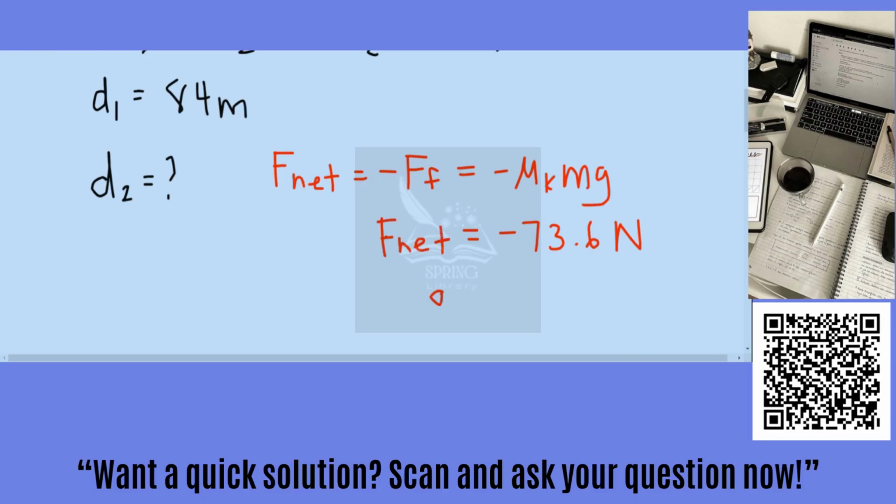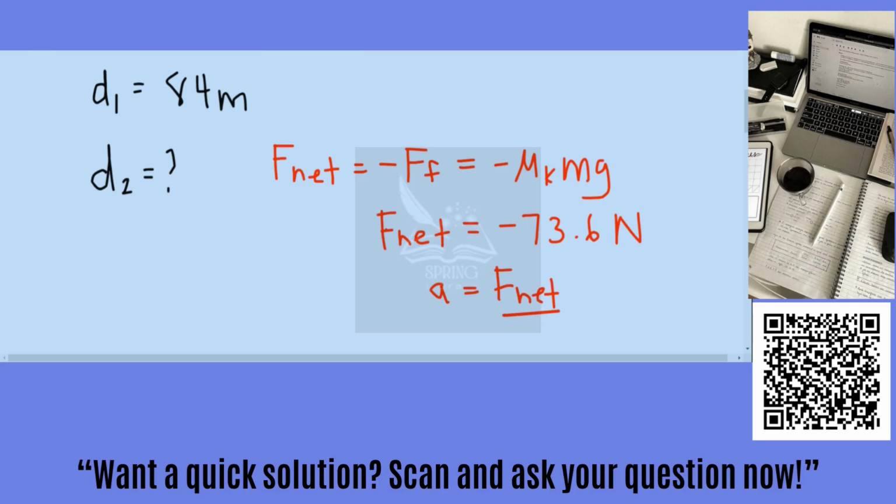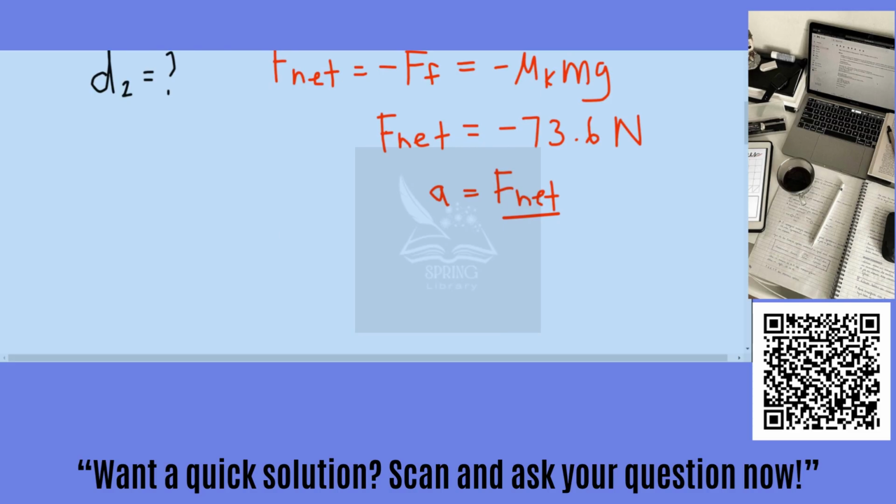And so the acceleration we can find by dividing this net force by mass. And so the acceleration will be negative 0.98 meters per second squared.